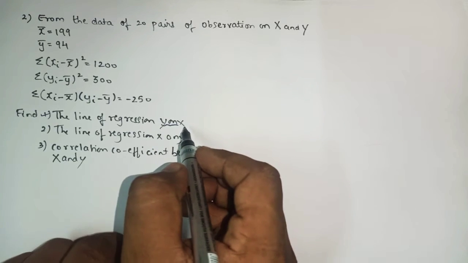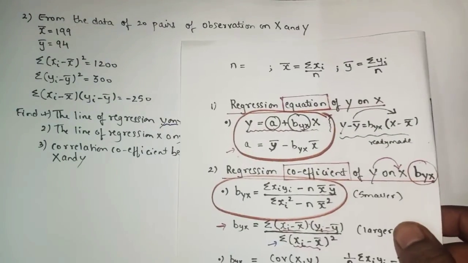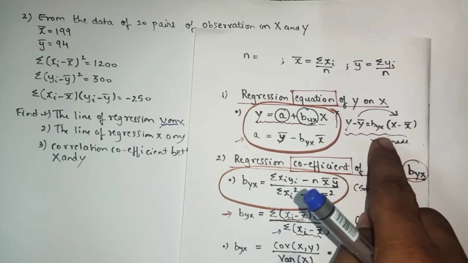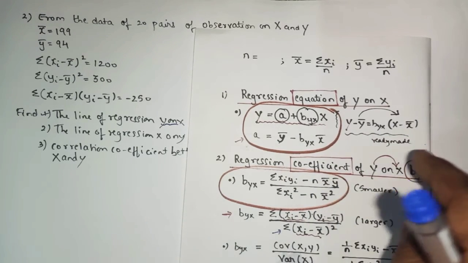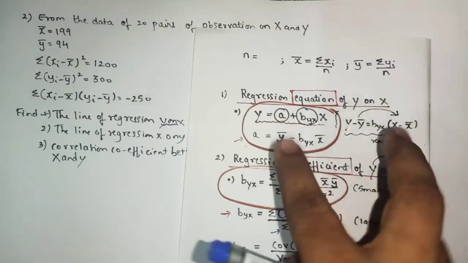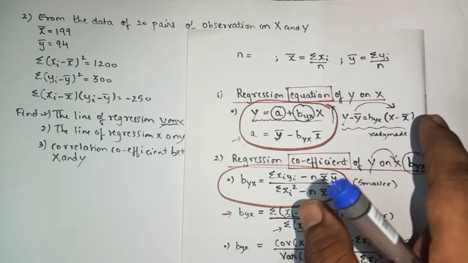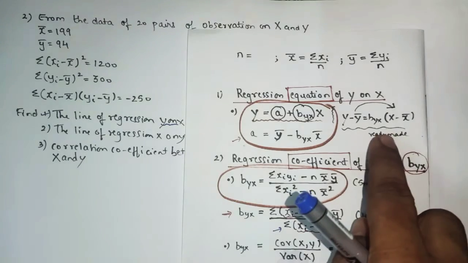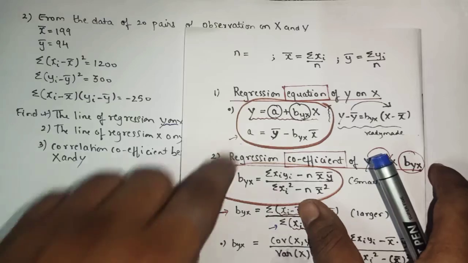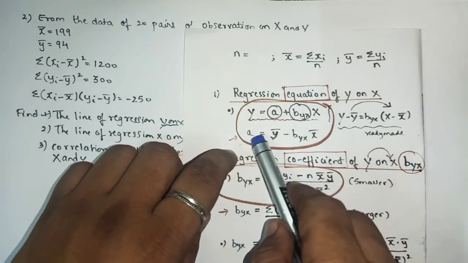So we know that y on x is what? For y on x we have two formulas, this one and this one. As I told, you can apply the first one, or the second one also. In both cases the answer will be the same, but in the second exercise, for the ready-made value, we will apply the second formula.